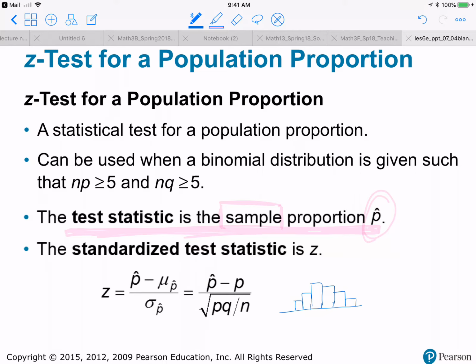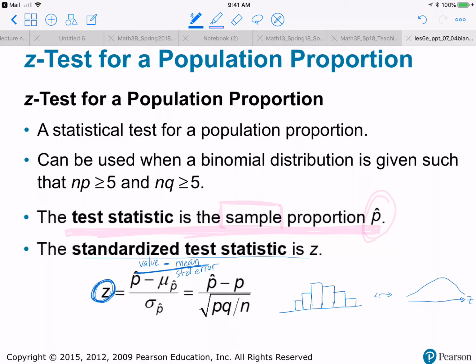You approximate it and say it's very similar to a normal distribution. So when we are looking for the standardized test statistic, it is going to be our usual value of z equal to the value minus the mean of the sample distribution over the standard error.